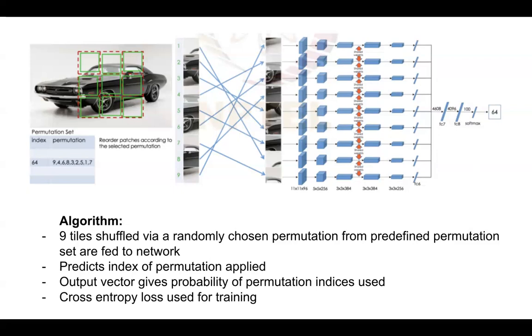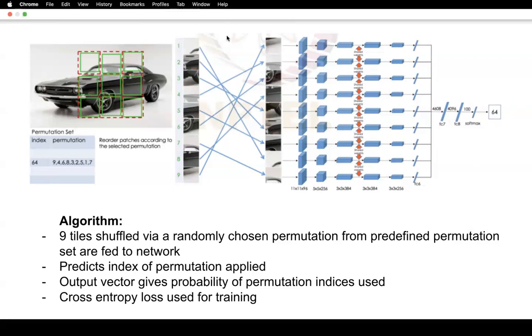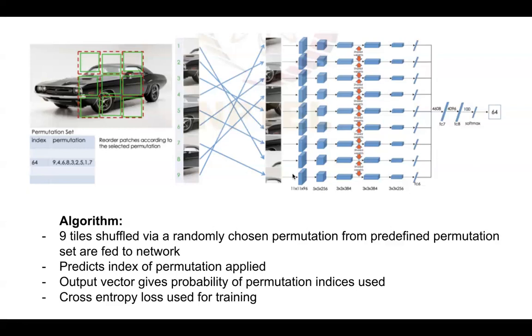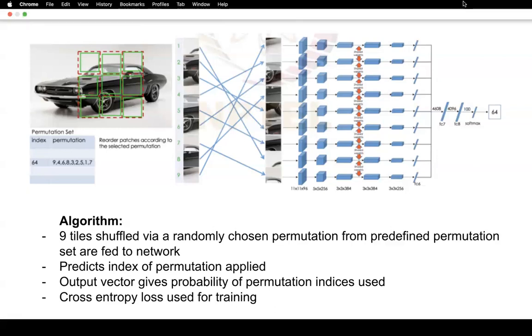That is, we'll use a cross entropy loss between these 1,000 predicted probabilities and the target, one permutation, represented as a one-hot vector. Okay, so this was the case, and with this the self-supervised learning task is over.